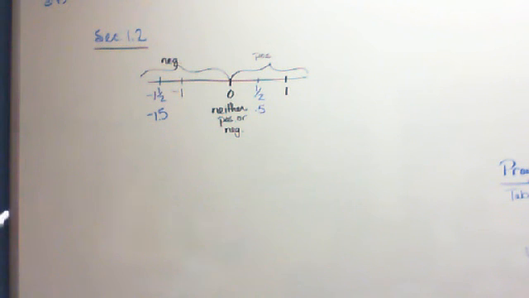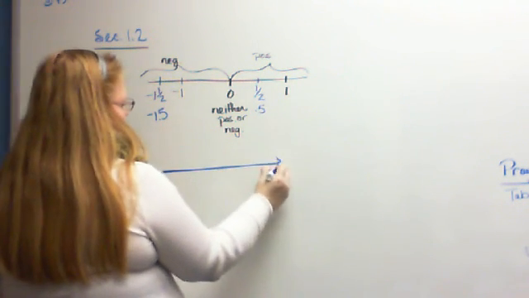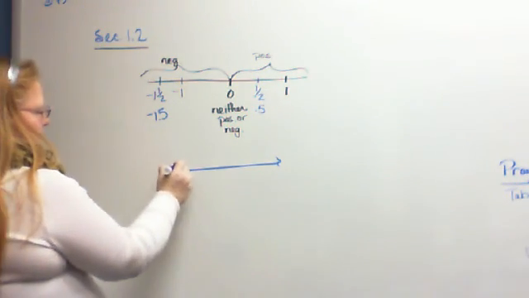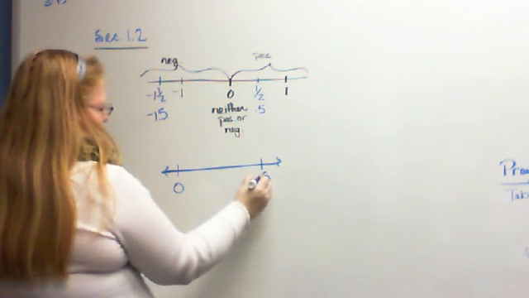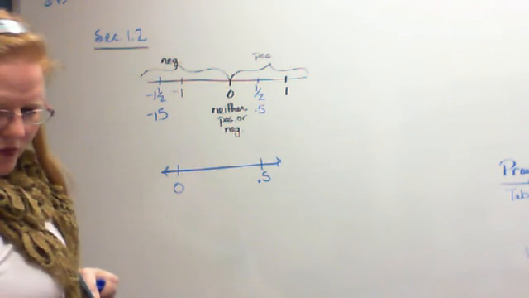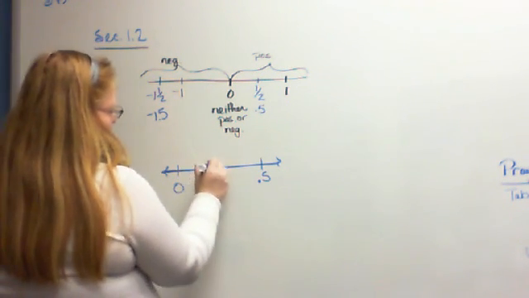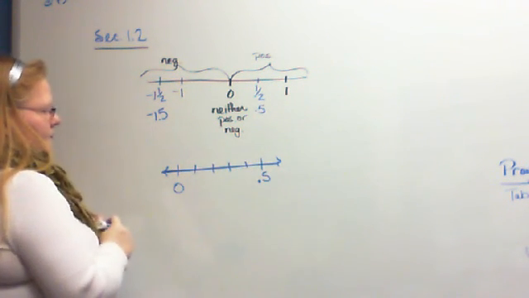H is different, because H doesn't have a number written right there by it. So when I look at my number line, it says this is 0, and over here it has a 0.5, and it's got 1, 2, 3, 4, 5 little marks. So 1, 2, 3, 4, 5 little marks.